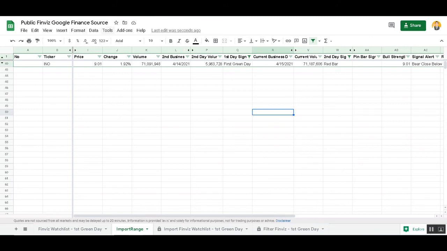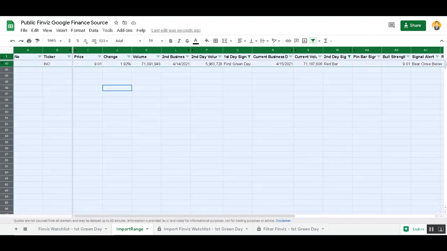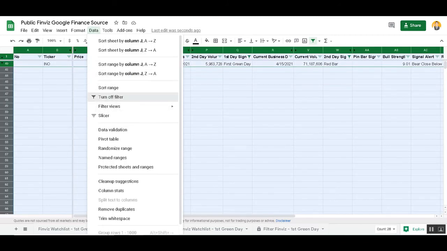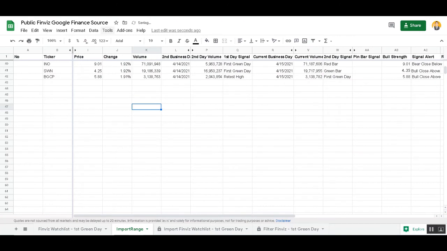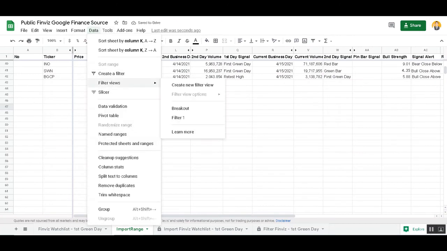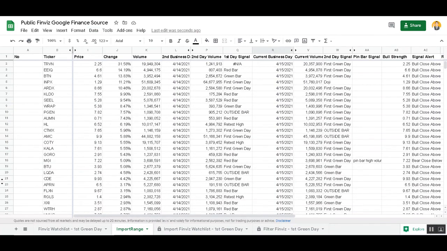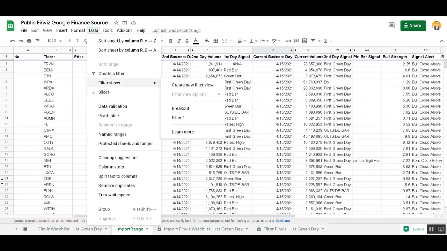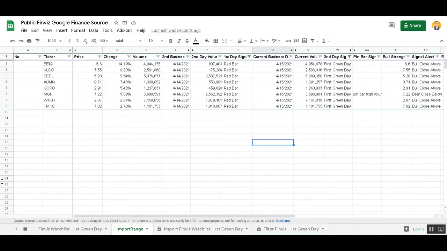So right now, if the list gets updated again, all I have to do is click filter views and pick my breakout or my filter.